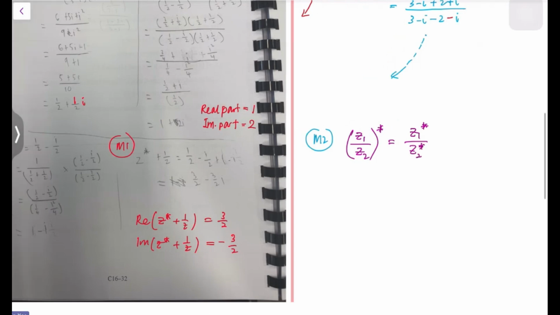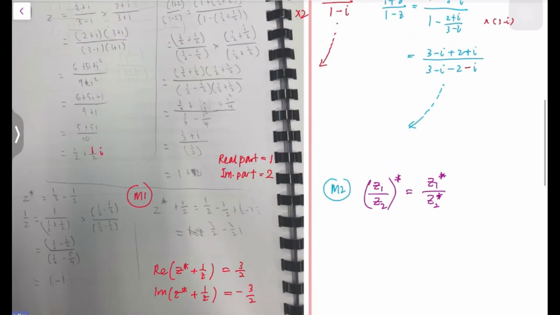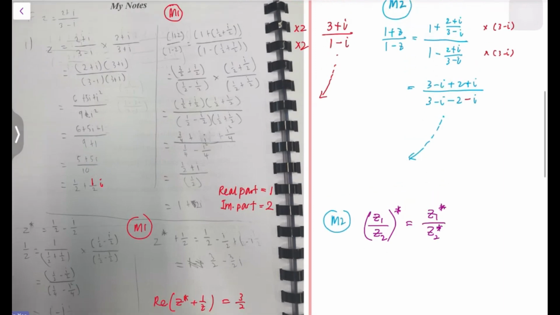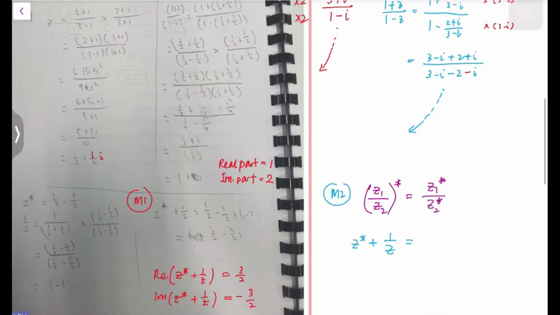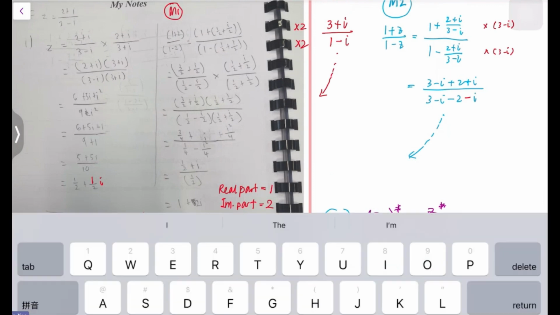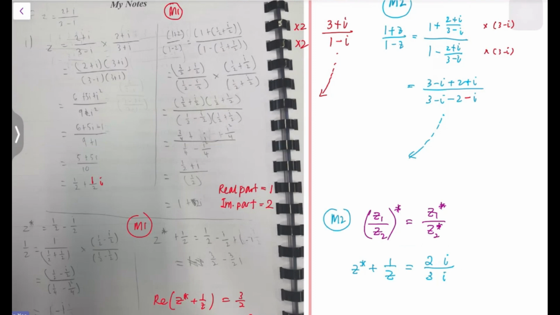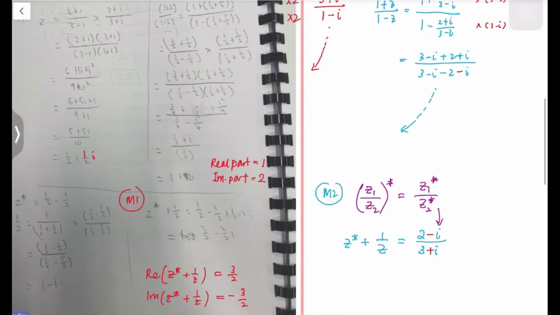So z star plus 1 over z, where the original z is 2 plus i over 3 minus i, we change to the conjugate: 2 minus i over 3 plus i. This property we apply over here.